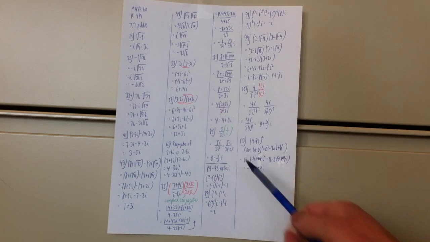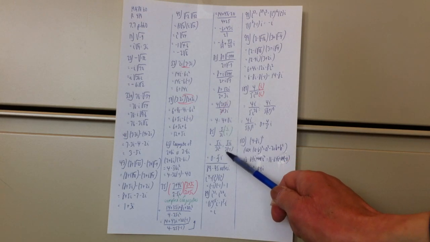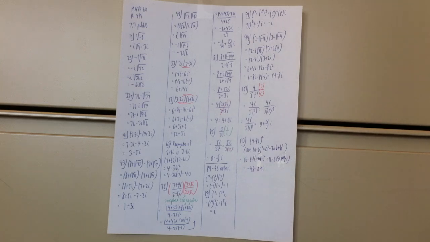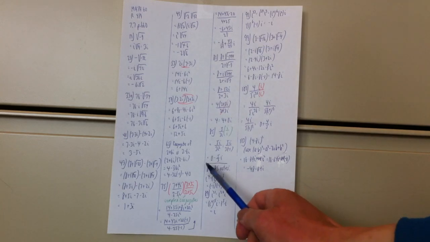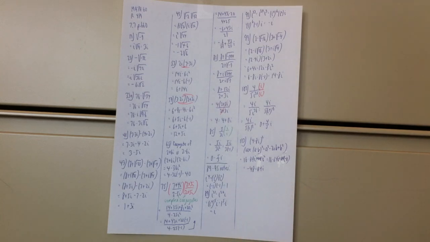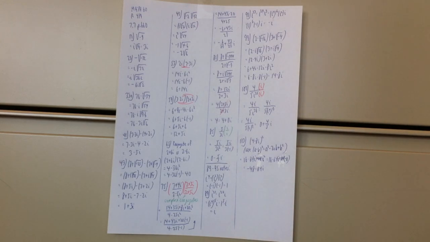So I get 5i over 3i squared. And again, i squared is just negative 1, so I have 5i over 3 times negative 1. And so I have negative 5/3 i. There is no real part, so I sneak in the 0 if we're forced to write it as a real plus an imaginary part, 0 minus 5/3 i.